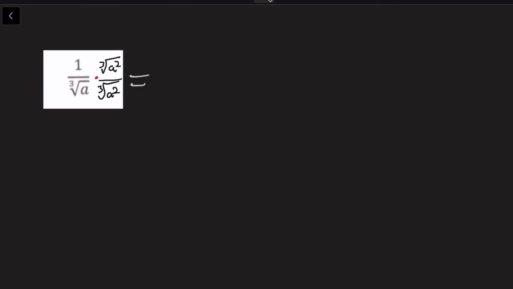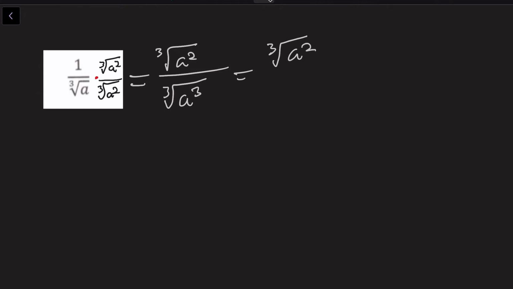Now this is going to give you 1 times the cube root of a squared, which is cube root of a squared over cube root of a multiplied by cube root of a squared, which is cube root of a to the 3rd. This is going to become cube root of a squared over a. And there you go, your simplest form.